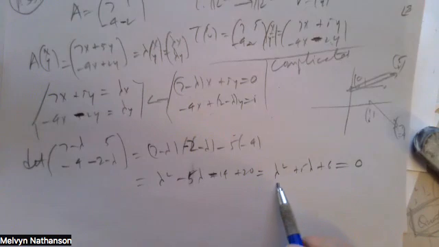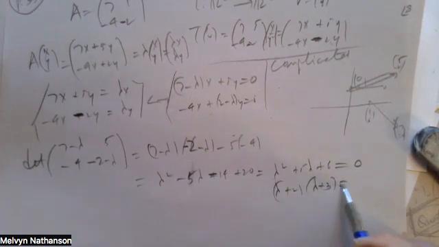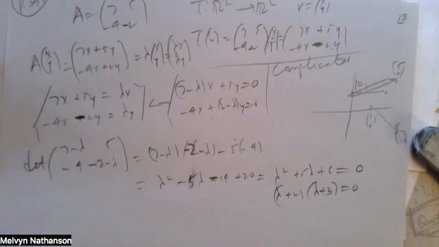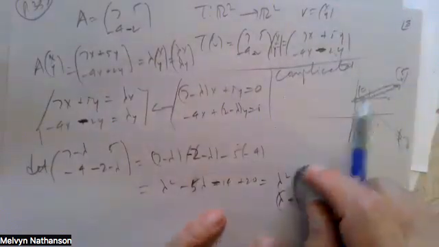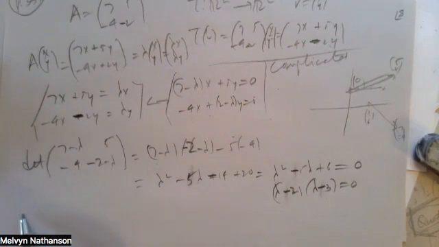But I learned in high school that I don't have to use the quadratic formula. Sorry, I keep doing this wrong. I just copied it down wrong. This is lambda squared minus 5 lambda plus 6. So this factors into lambda minus 2, lambda minus 3. So we get solutions lambda equals 2 and lambda equals 3.